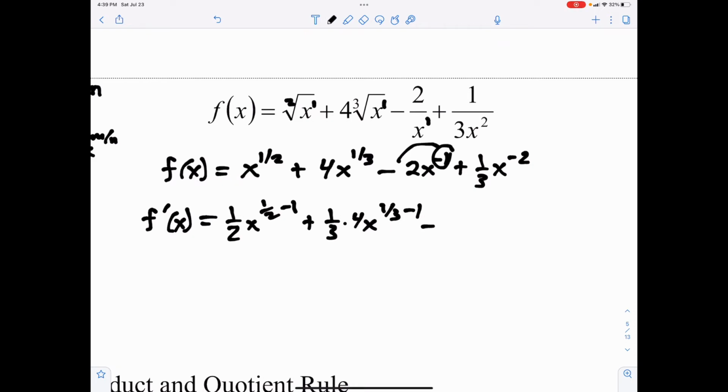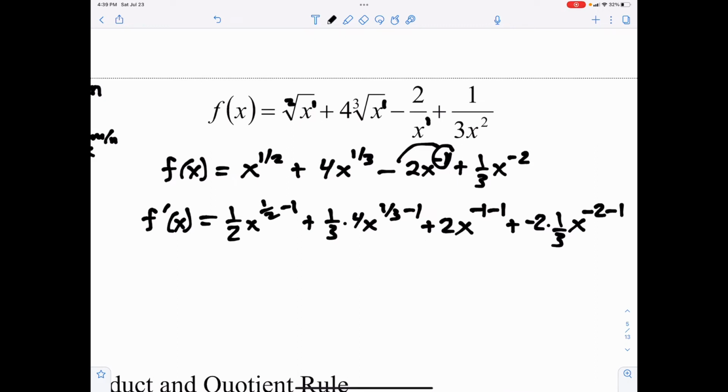So negative 1 times 2 would be positive 2x to the negative 1 minus 1. Again, always subtracting 1 from our exponent, right? And then finally, negative 2 times 1/3 x to the negative 2 minus 1.